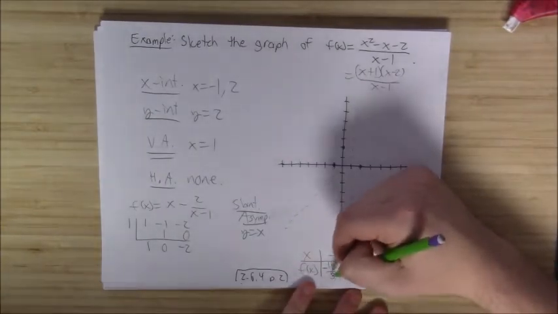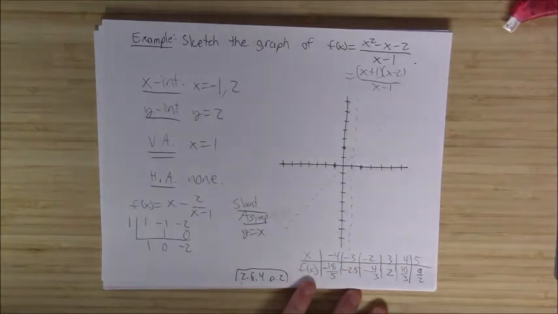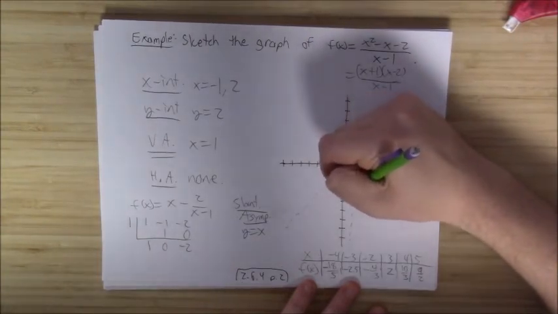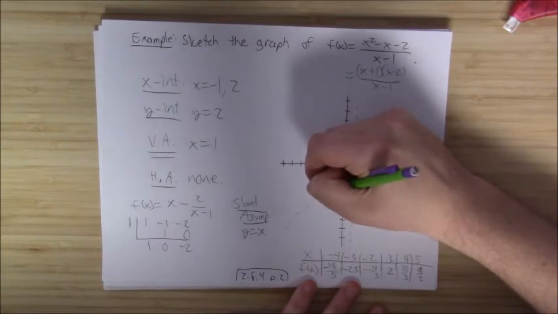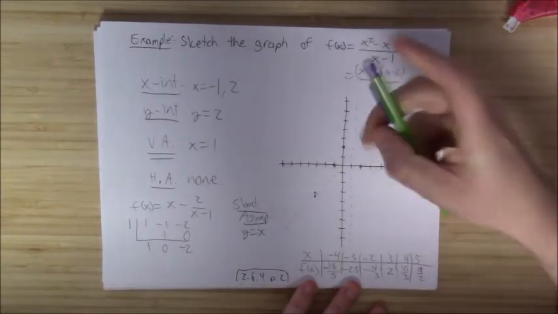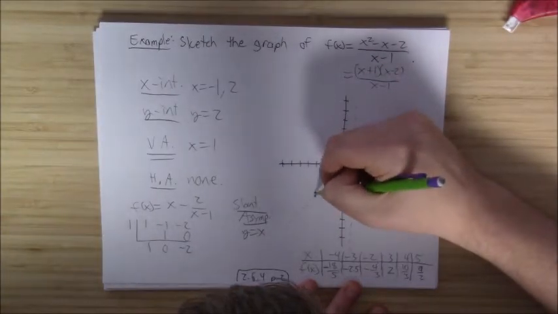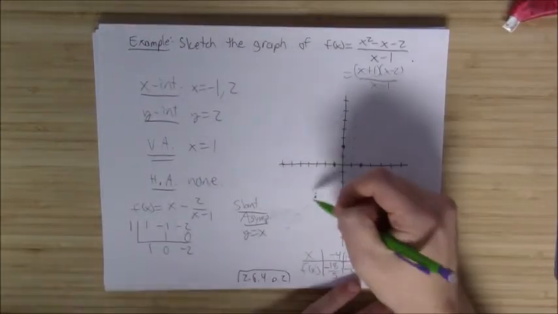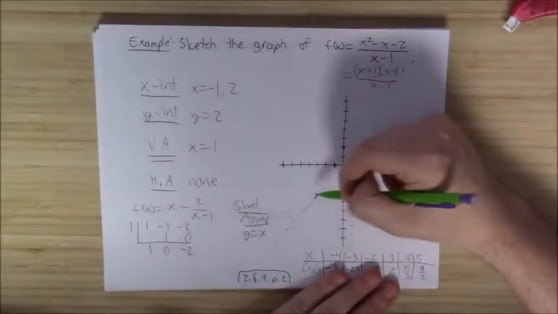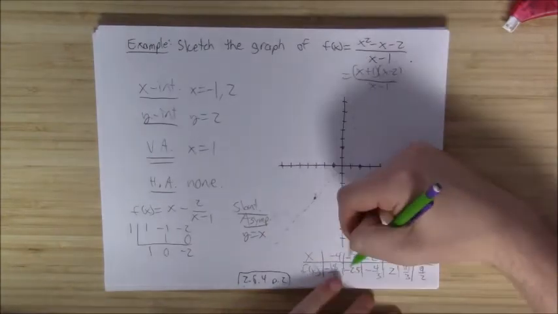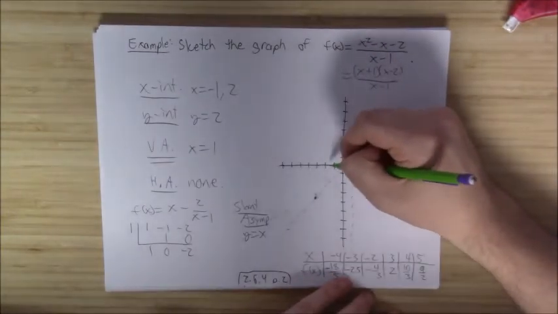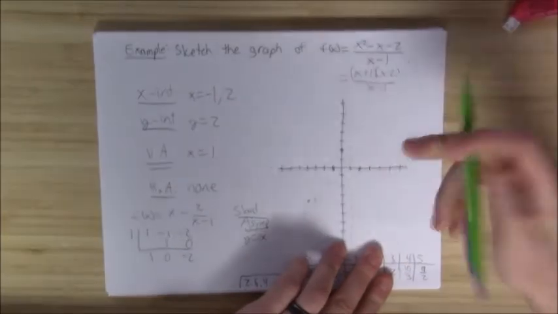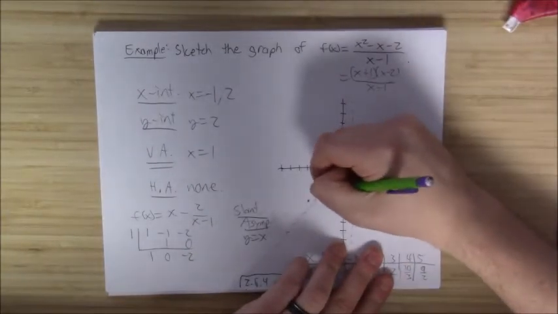So let's graph this. Negative 18 over 5 is about negative 3 3/5, so it will be about here. Negative 2.5 is here, so we have that.